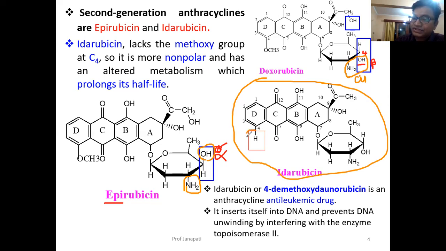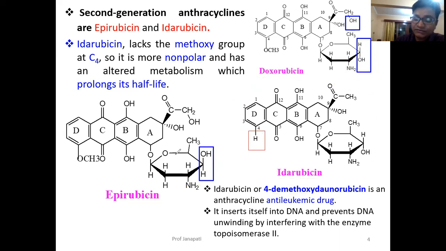At the fourth position, there is no methoxy group, as there usually is. That's why we call idarubicin 4-demethoxydaunorubicin. Daunorubicin is a very good drug in the treatment of leukemia. So these are the structures and differences among the widely prescribed drugs from the class.